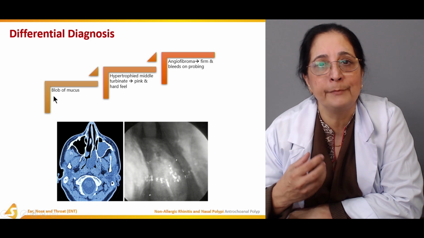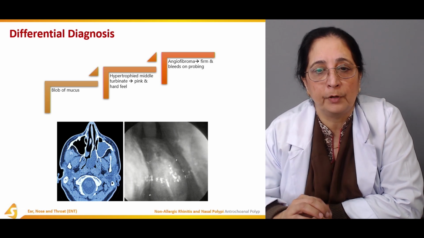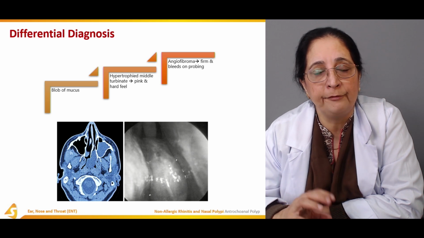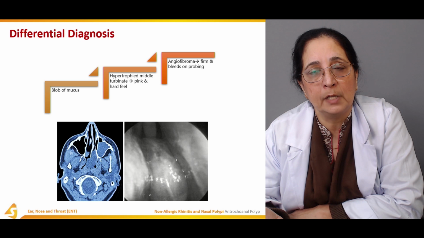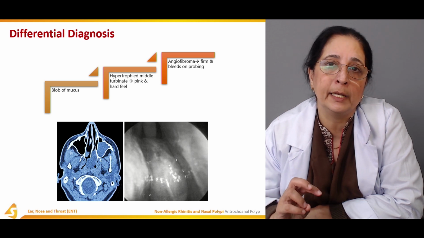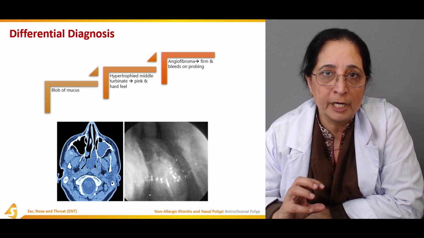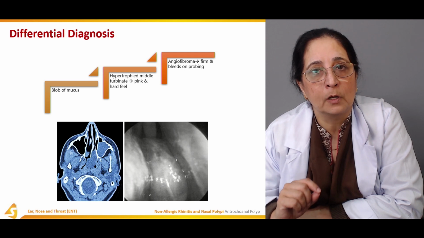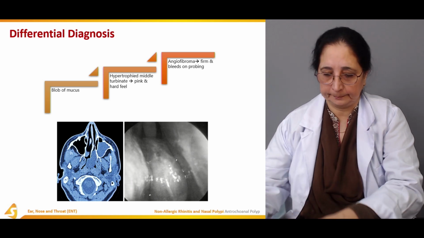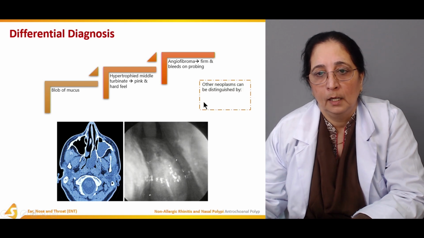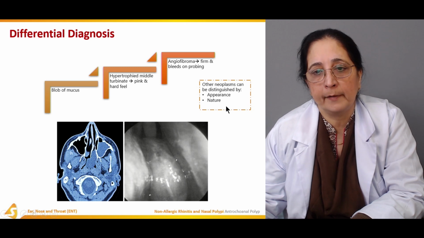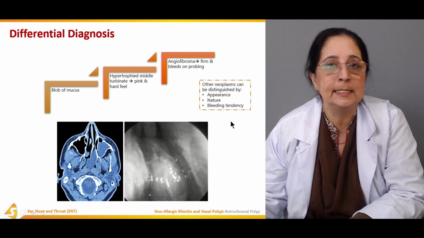The hypertrophied middle turbinate is usually pink and hard to feel, but as compared to that, antrochoanal polyp is grayish in color. Angiofibroma is firm and bleeds on probing because it is from blood vessels. Other neoplasms can be distinguished by the appearance, nature, and bleeding tendency.